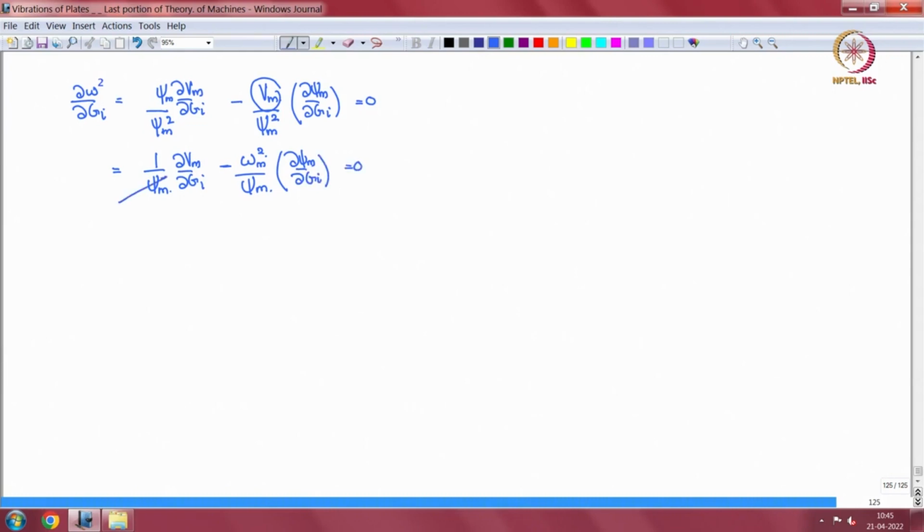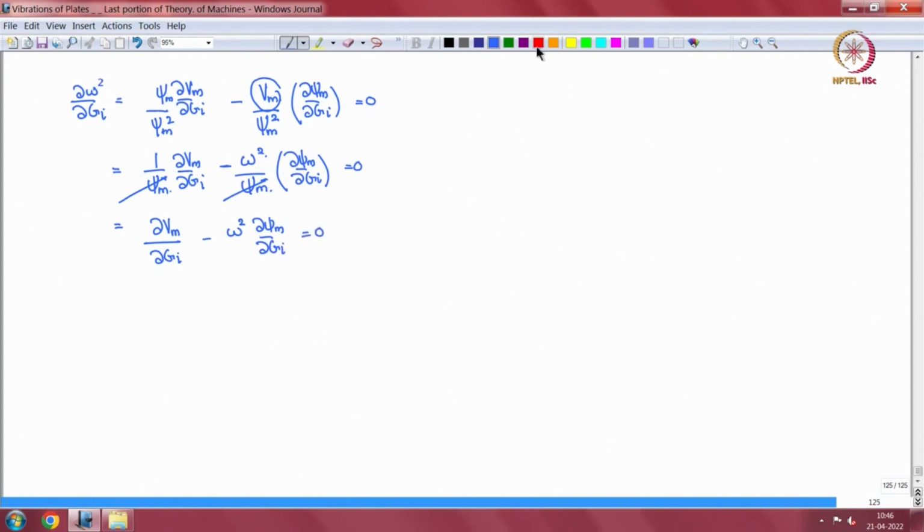If we remove this psi m, let me not bring in this index: del Vm by del g i minus omega square del psi m by del g i equal to 0.